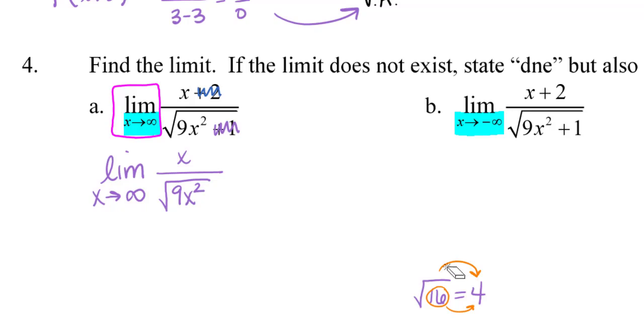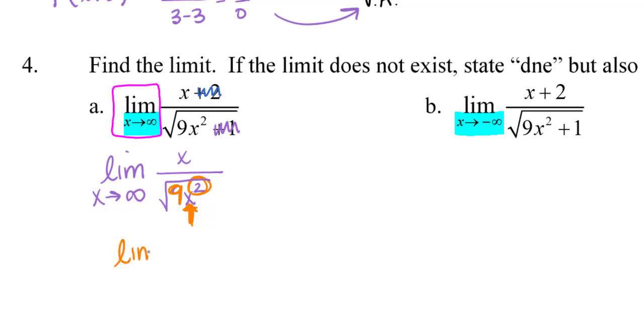So how can I guarantee a positive output, especially if I have a variable inside my radical, is I need absolute value. Now, I know that no matter what I put in for x, the first thing that I'm going to do is square it. That's going to make it positive. I will multiply it by 9. That makes it still positive. Take the square root of it, still positive.